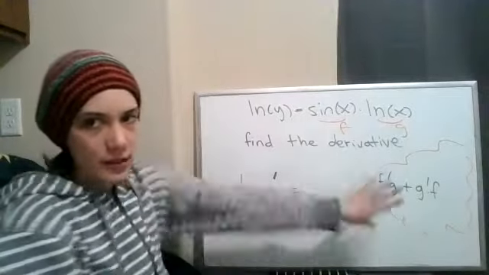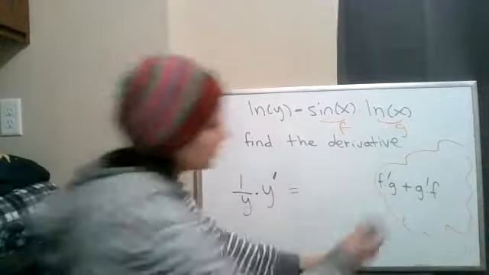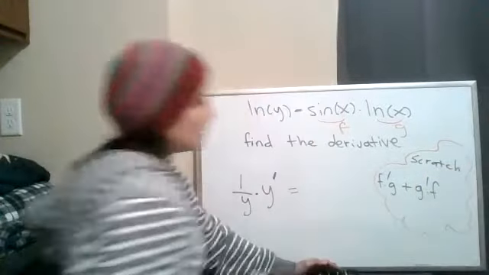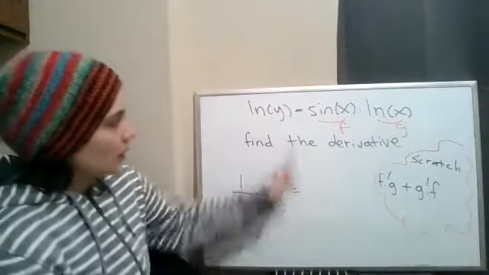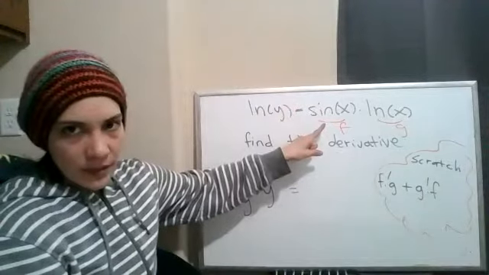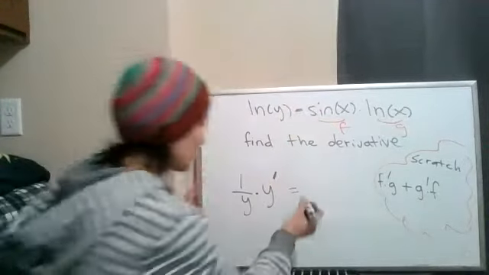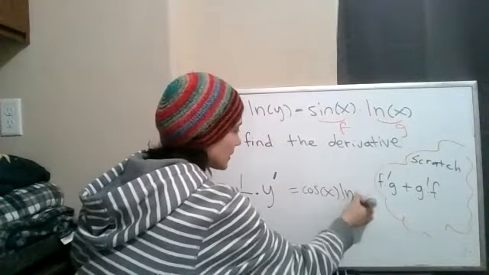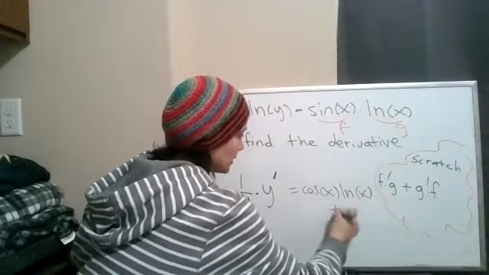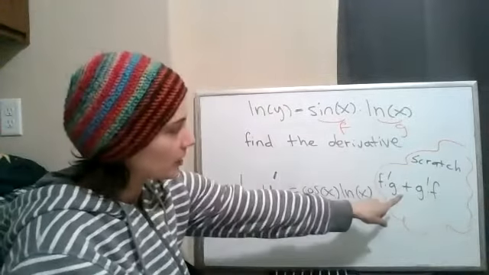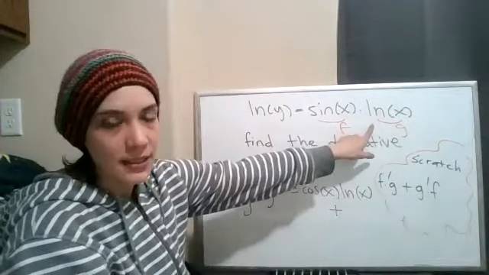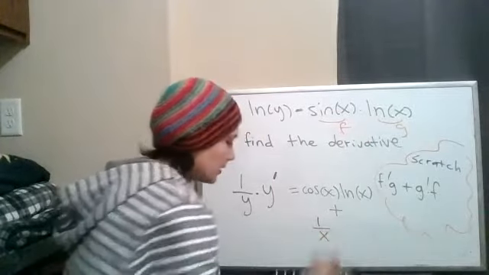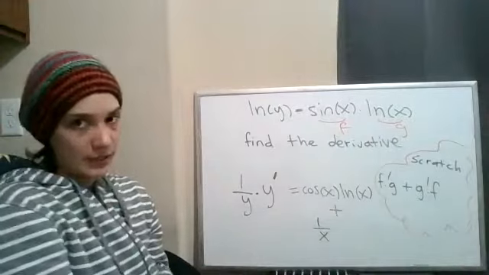Okay, so it's like my scratch work on the side. Okay, so we want the derivative of sine is cosine times ln x plus the derivative of ln of x is 1 over x, multiplied with cosine of x.